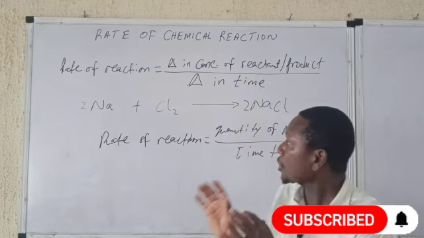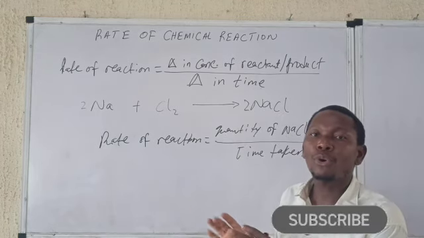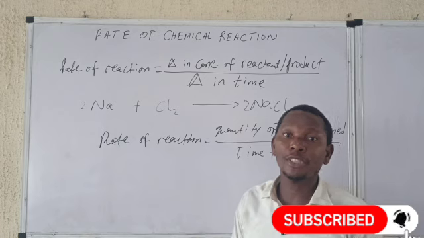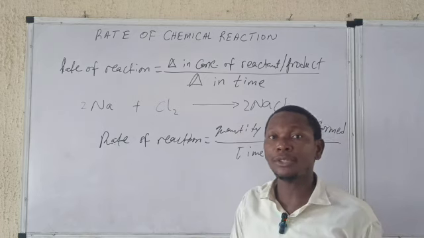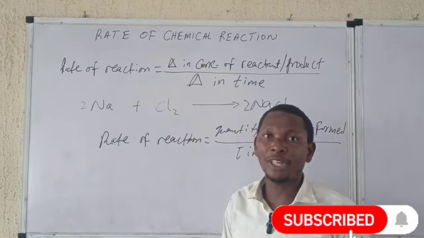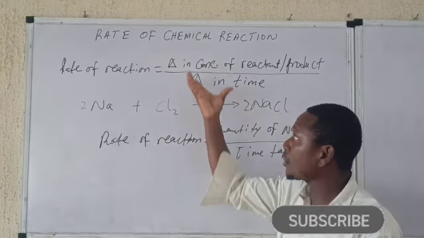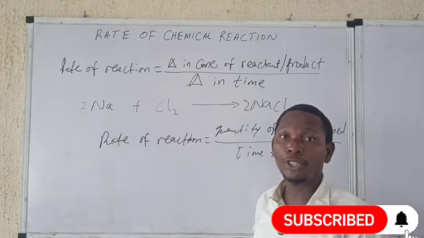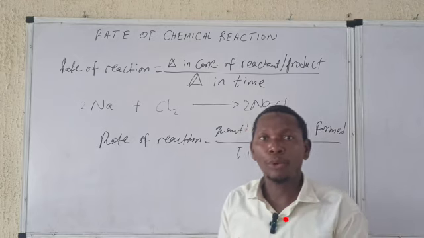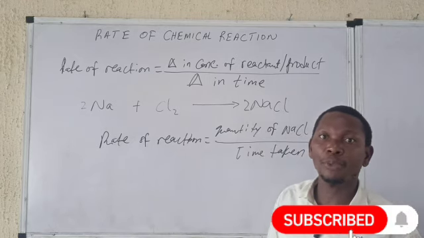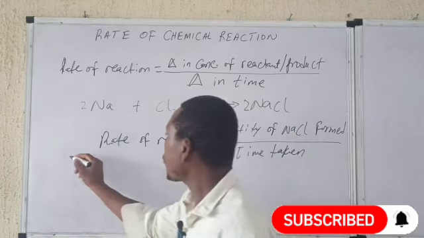Now, we will discuss the factors that affect the rate of chemical reaction. There are some factors that affect the rate of chemical reaction. After that, in part 2 of this video, I will talk about how to carry out some calculations on the rate of chemical reaction. Now, what are the factors that affect the rate of chemical reaction? Let's highlight them first.